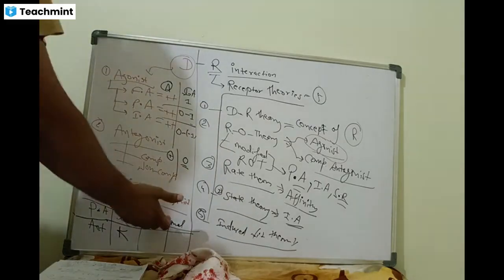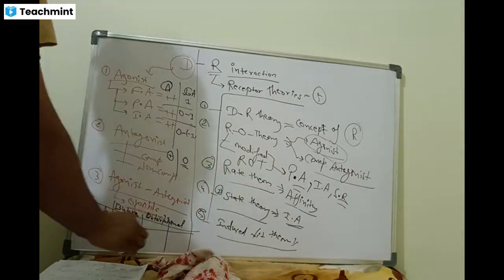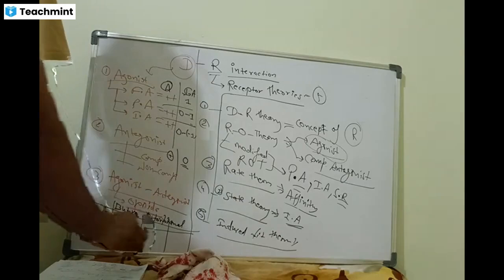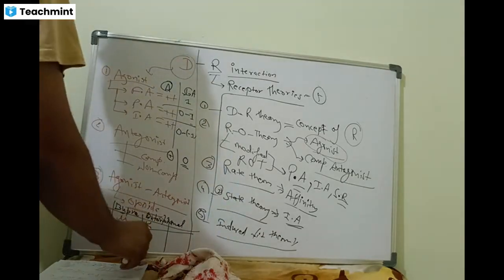And butorphanol is just the reverse of this. It is a partial agonist at kappa and an antagonist at mu.